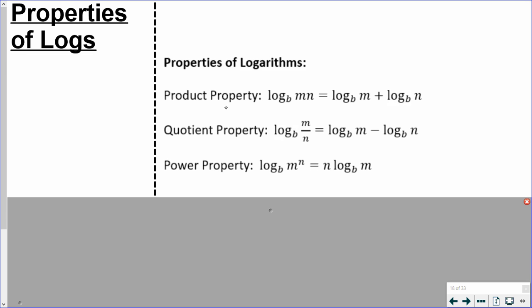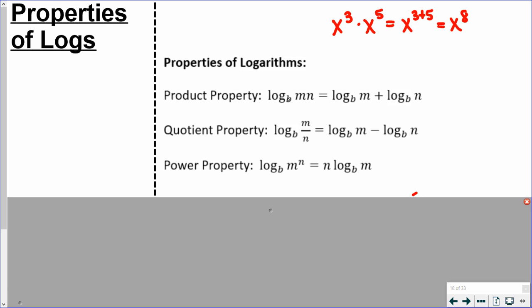So the product property says that if I have log base b of two things multiplied, I can split that up as log base b of m, so one of the things, plus log base b of the other thing, n. Now the reason why is because remember, if I think back to when I had x to the third times x to the fifth, well, what we ended up doing was 3 plus 5, which gave us x to the 8th.